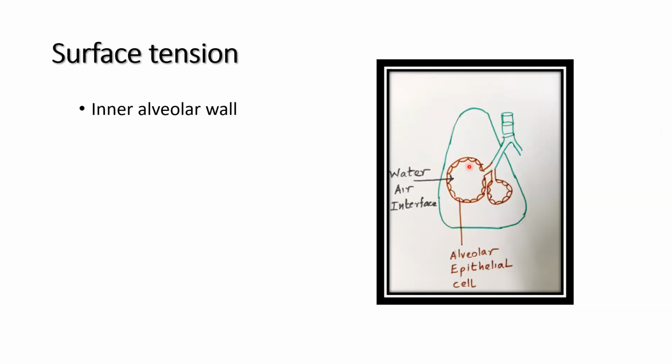Surface tension is the force that pulls the surface molecules of liquids at the air-liquid interface. It mainly occurs in the inner alveolar wall. The inner alveolar wall has a thin layer of water, and the alveoli contain air, so an air-water interface is present.